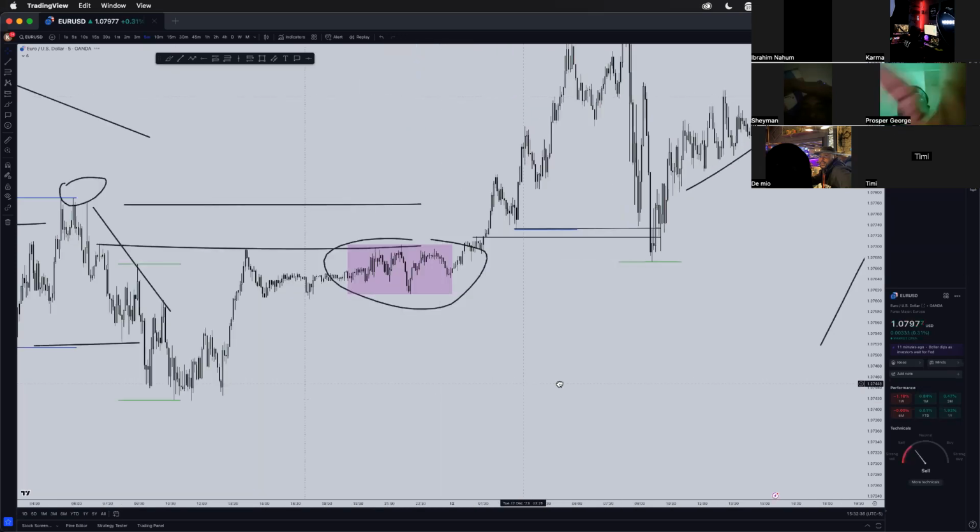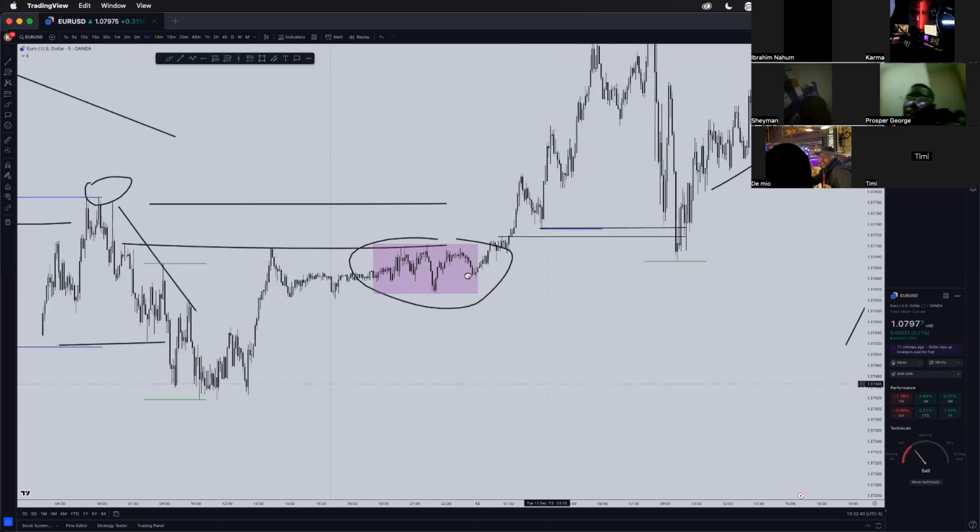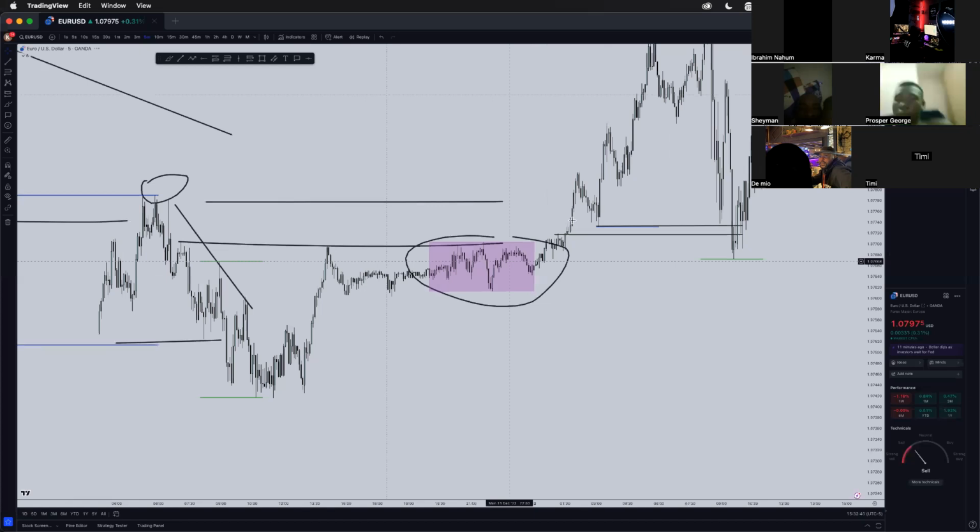So now, look at this, guys. In this base, before the big volume, what do you notice? The market shifts momentum to the downside. It breaks structure to the upside, then it what? It breaks to the downside. The same thing that happened here in a bigger picture.